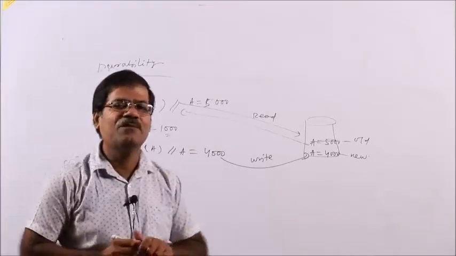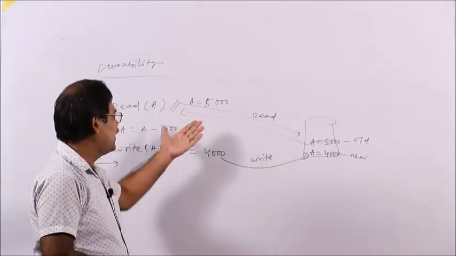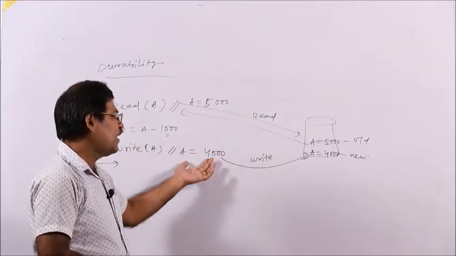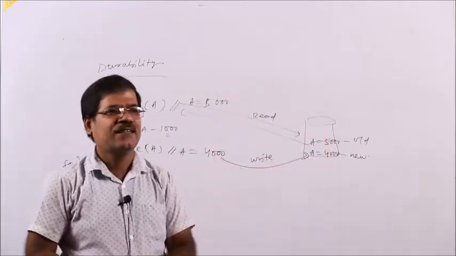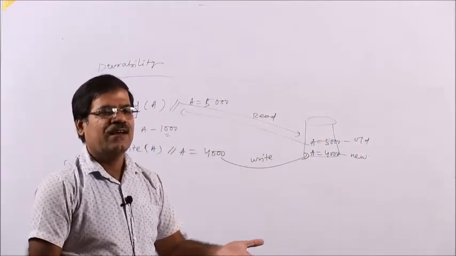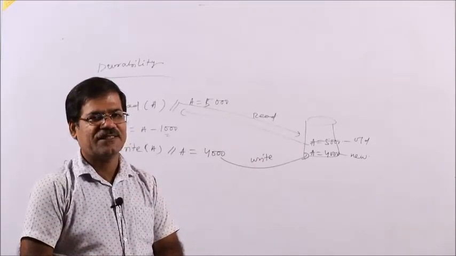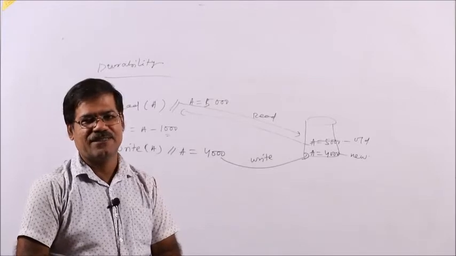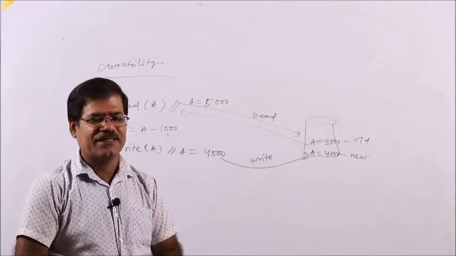So there will be no problem, as your transaction is already completed. A is 5,000, you read it, you are withdrawing 1,000 rupees, your value is updated and already saved in the database. So if the failure occurs, what will happen? A is already updated in the database, so there is no problem for the database.